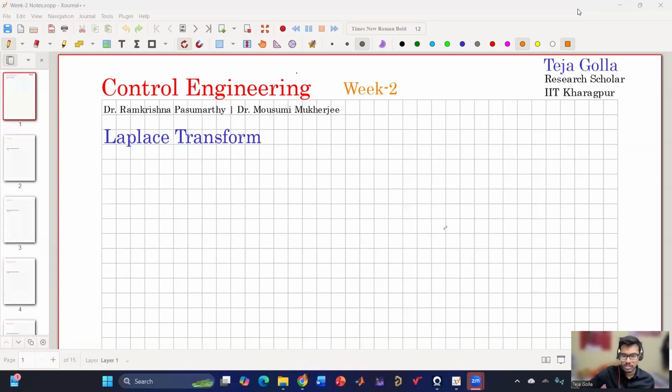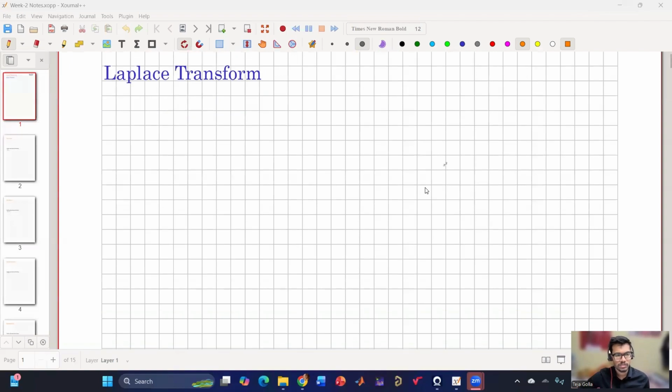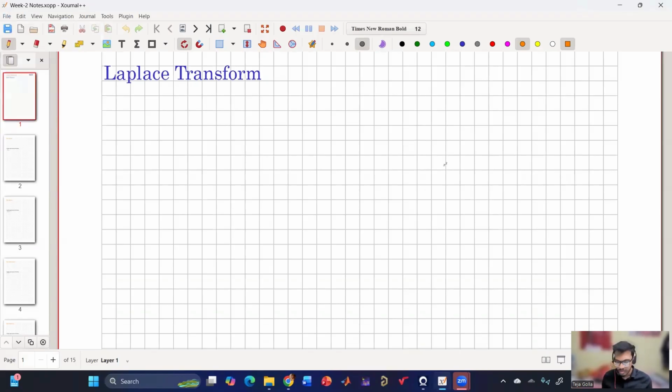So I'll quickly summarize the Laplace transform. So why is Laplace transform needed? Because it is in S domain. So basically, whatever we'll be learning in this course, there are two types of domains. One is the time domain, and the other one is the frequency domain.